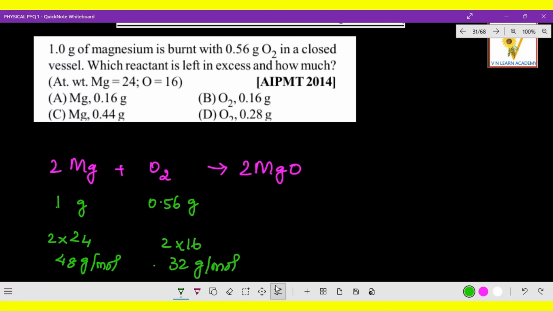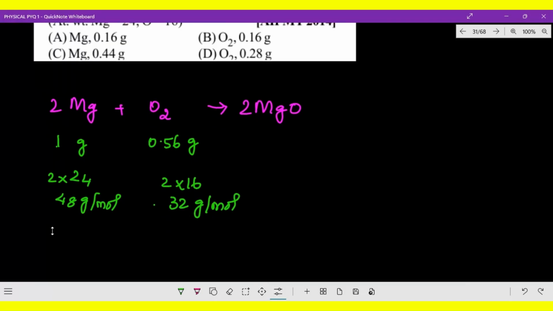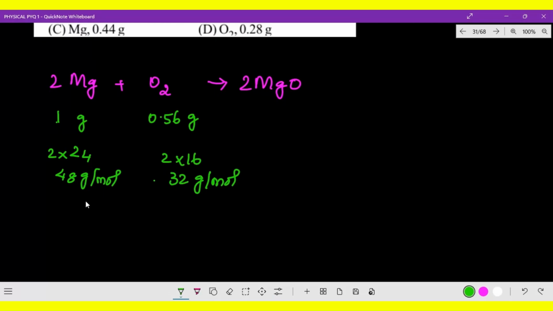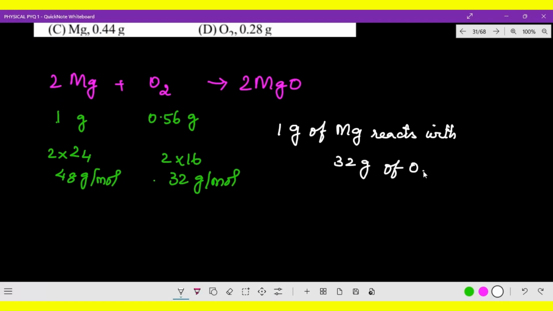Now let us write the step so that it will be easy to understand. Here, 1 gram of magnesium is what they have mentioned. So 1 gram of magnesium reacts with how much oxygen? 32 divided by 48.